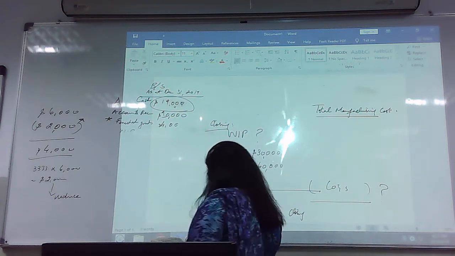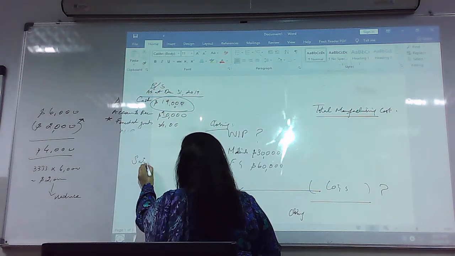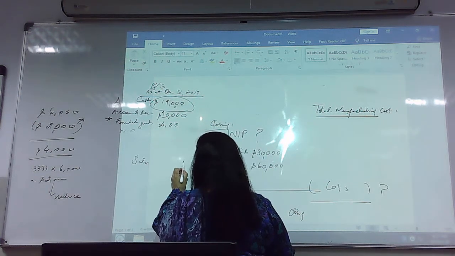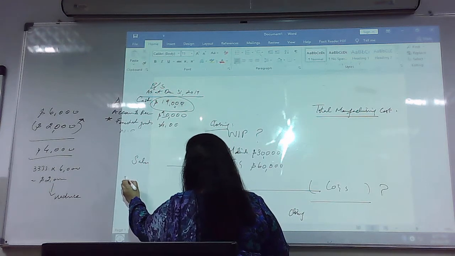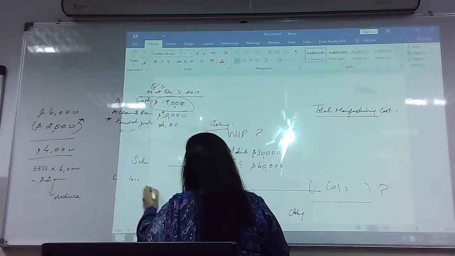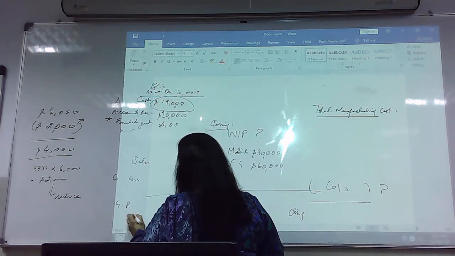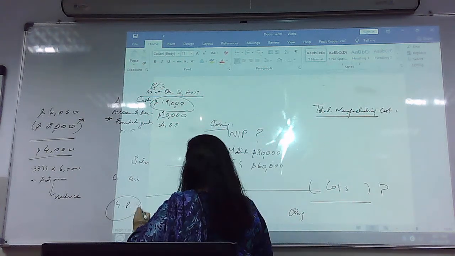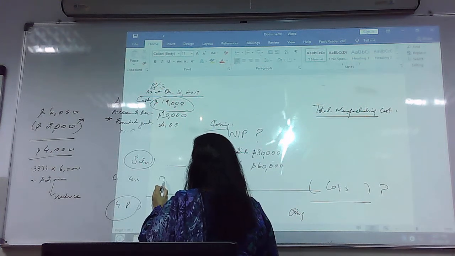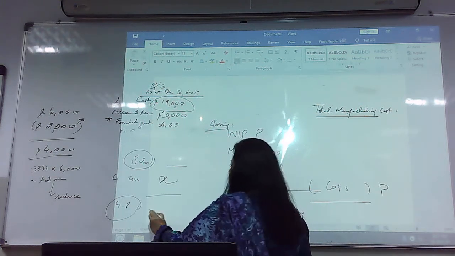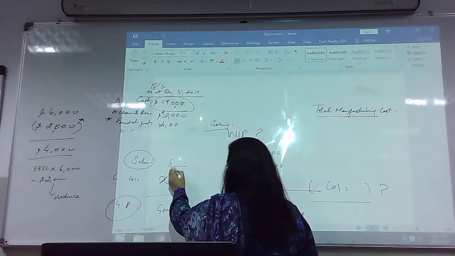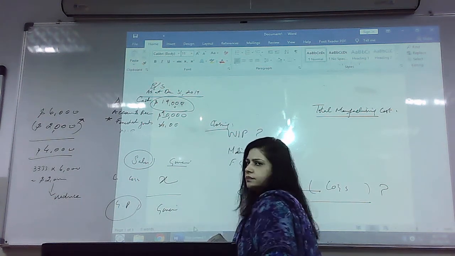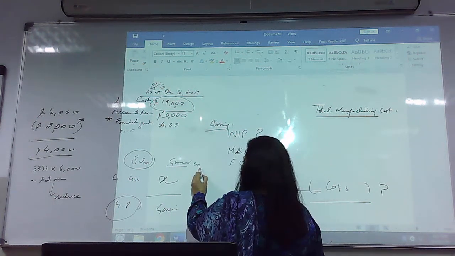Okay, now, you know the formula is sales less cost of goods sold, which is usually gross profit. In the question, they've given us the gross profit, and they've given us sales, and we need to find out what this is. This is given to us indirectly.